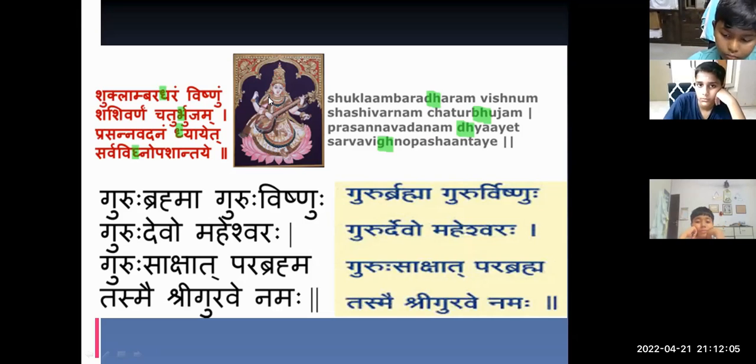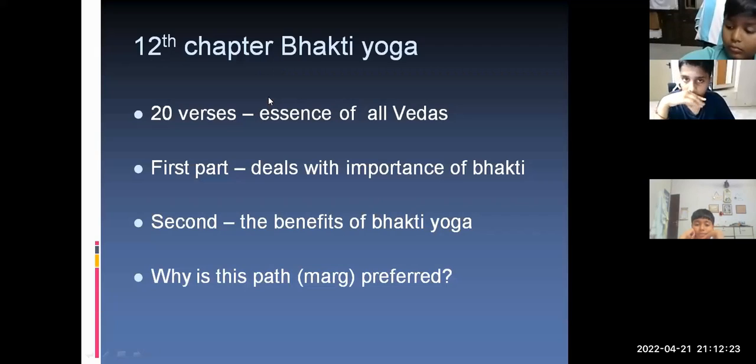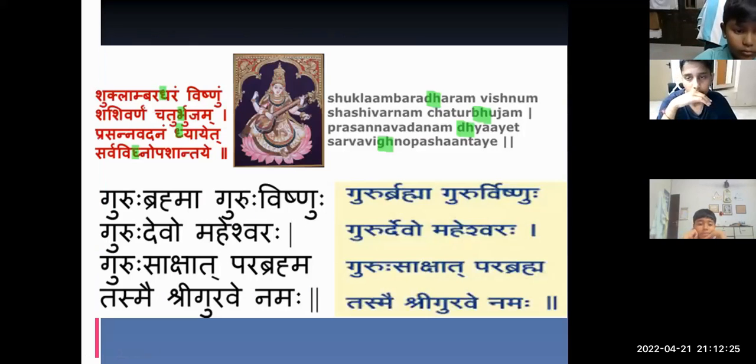So from the stomach, that means you are going to activate your different body parts if you properly pronounce and chant the shlokas, isn't it? That is the advantage of chanting any shloka with proper pronunciation. Okay, thank you, children.